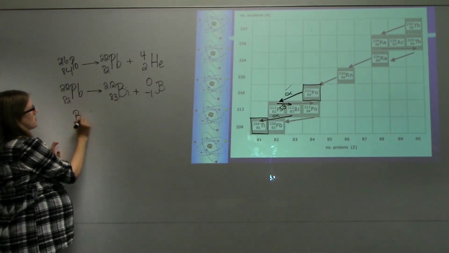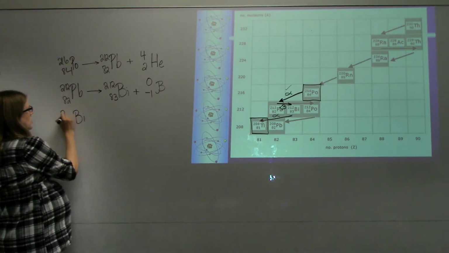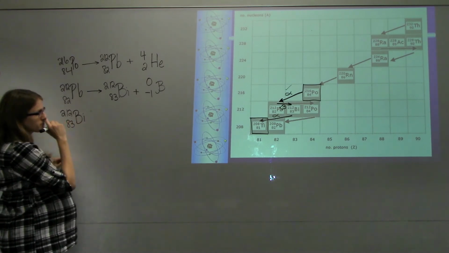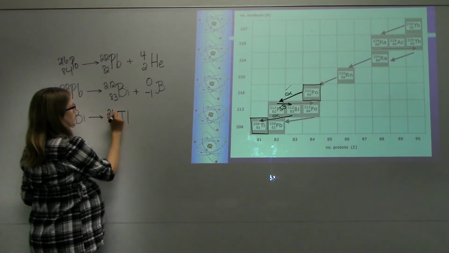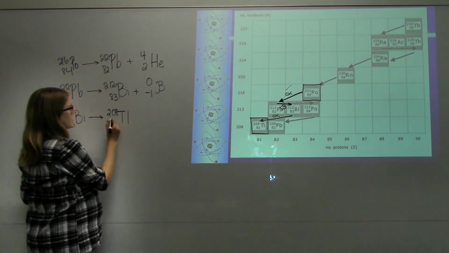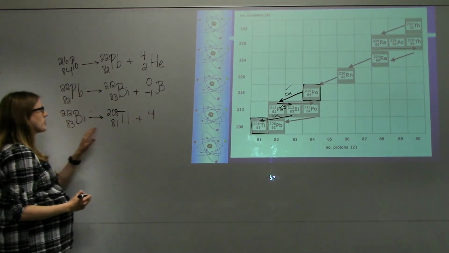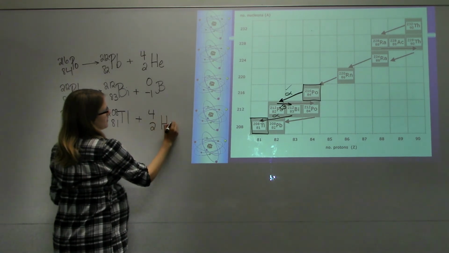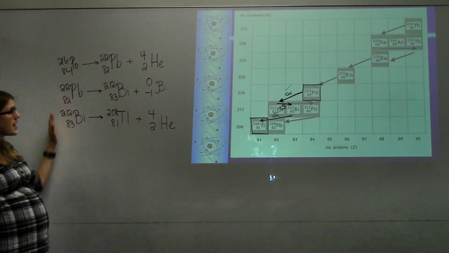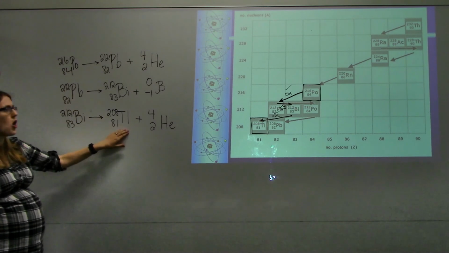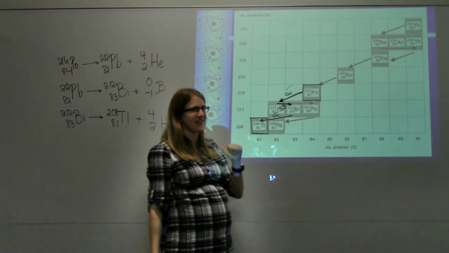So our product, our daughter isotope of one reaction, is going to become the parent isotope of the next. 212, 83 is going to produce thallium-208 and 81. Plus, we need a 4 on top, we need a 2 on the bottom, and there's our alpha emission. So we've done 3 reactions to show the decay series from polonium-216 all the way to thallium-208. And there you have it. That's it. Decay series. I think you guys got this.